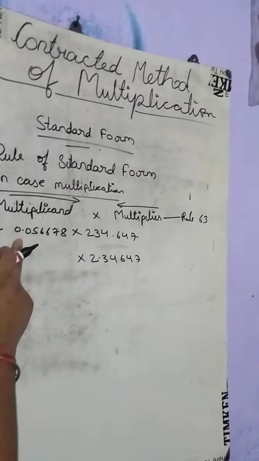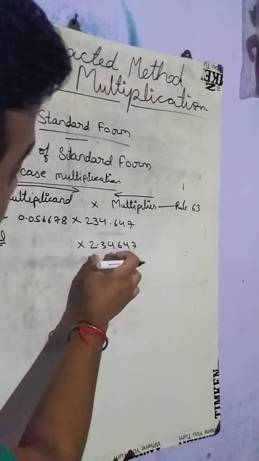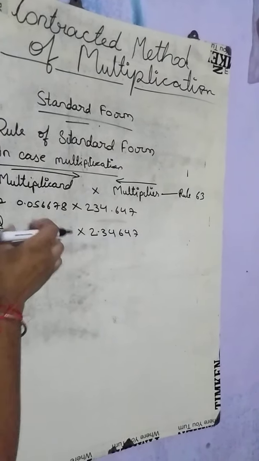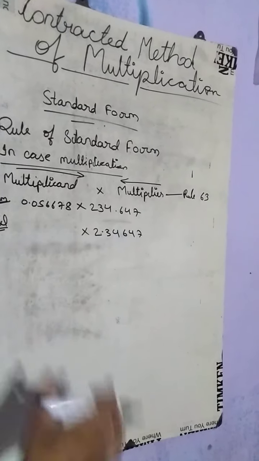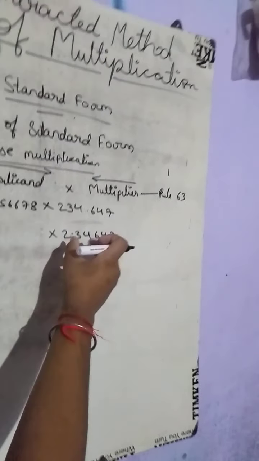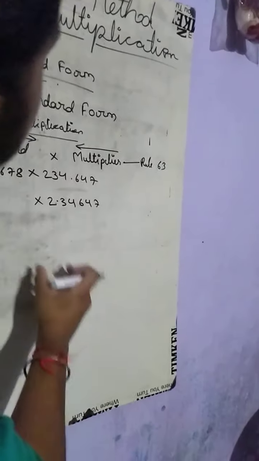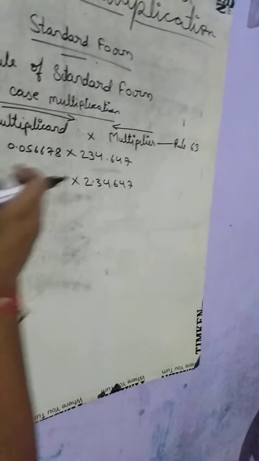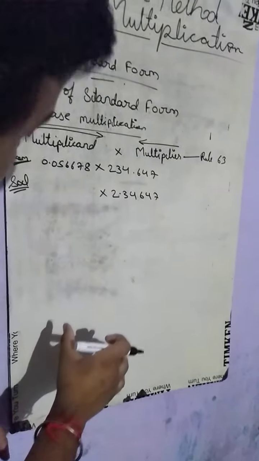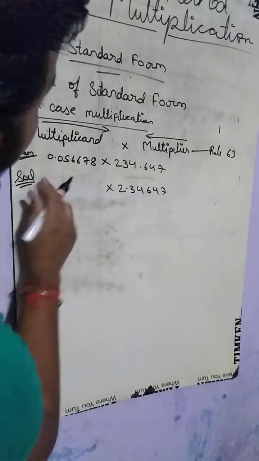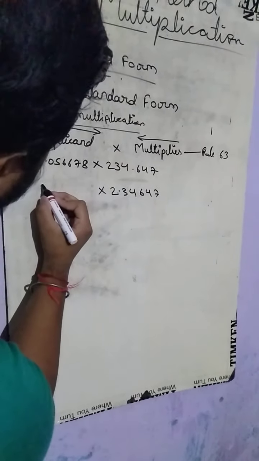In this case we are increasing 2 number, and in the other number we will decrease 2 number. Similarly, if we are increasing 3 number, then in the other number also we have to decrease 3 number.